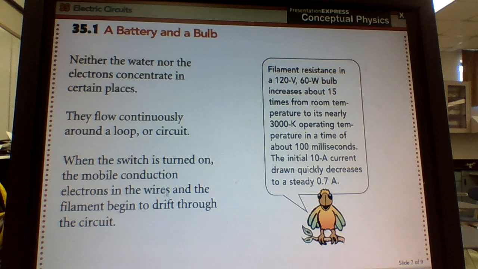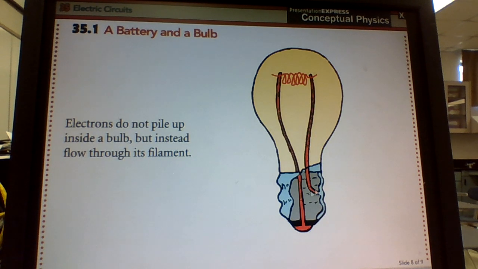But when the switch gets turned on, the mobile conduction electrons in the wire and the filament begin to drift through the circuit, and this allows the light to shine out of the bulb. And so this is essentially what a bulb looks like. There's a wire that comes in one side, a wire that goes out the other side. I'm not sure which one's the positive and which one's the negative.